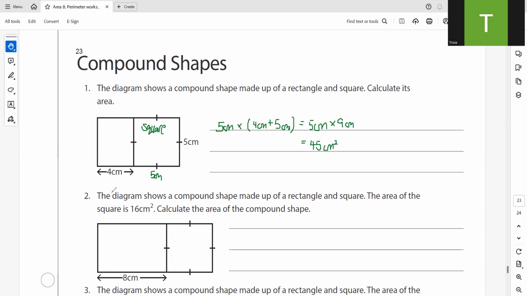Now question 2. The diagram shows a compound shape made up of a rectangle and square. The area of the square is 16 cm squared. Calculate the area of the compound shape. As you know, a square has all the same sides.